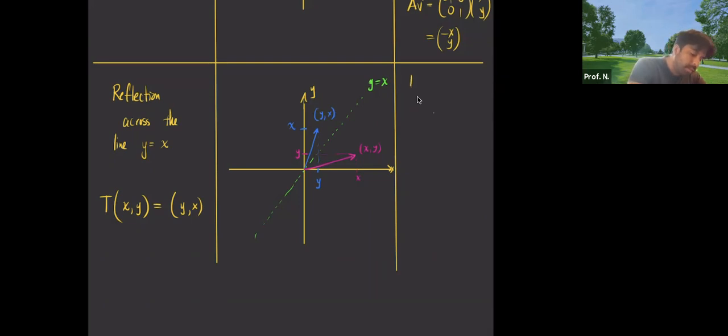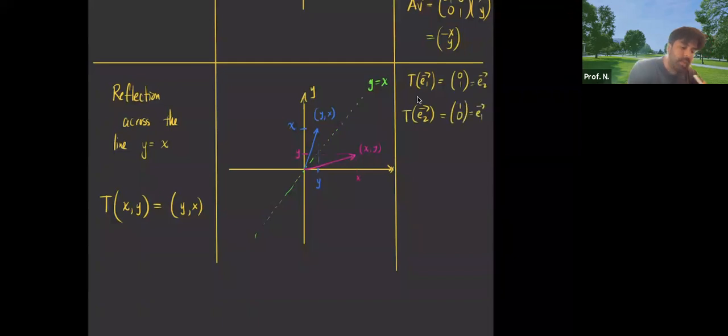That's what we care about. So T of E1, 1, 0 becomes 0, 1. It becomes E2. And what happens when you plug in E2? Well, 0, 1 becomes, when you swap it, 1, 0, which is E1.